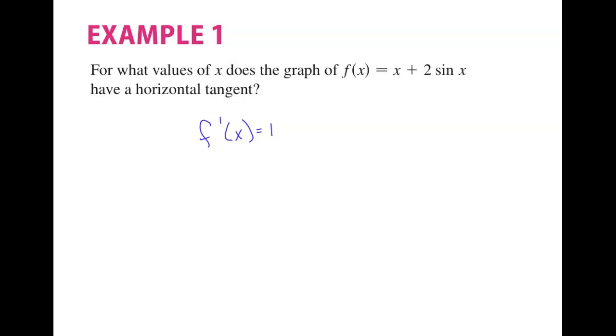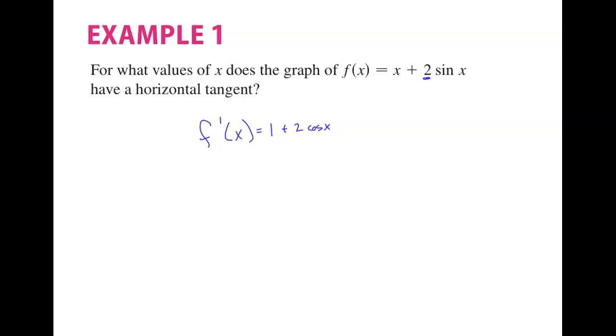Here we have a constant multiple times sine x, so we just use our constant multiple rule, which would be just multiply 2 by whatever the derivative of sine is, and we just said the derivative of sine is cosine x. All right, so there's my derivative.